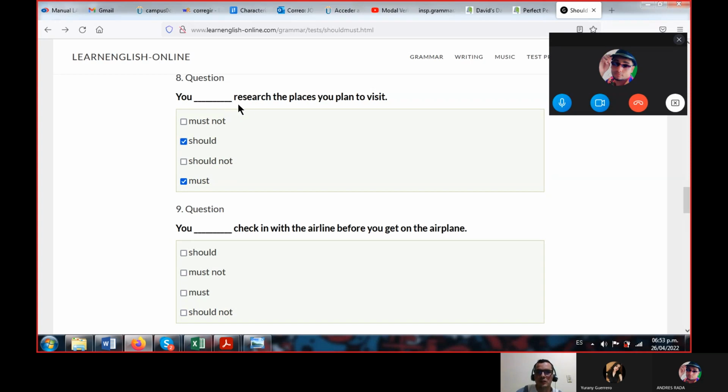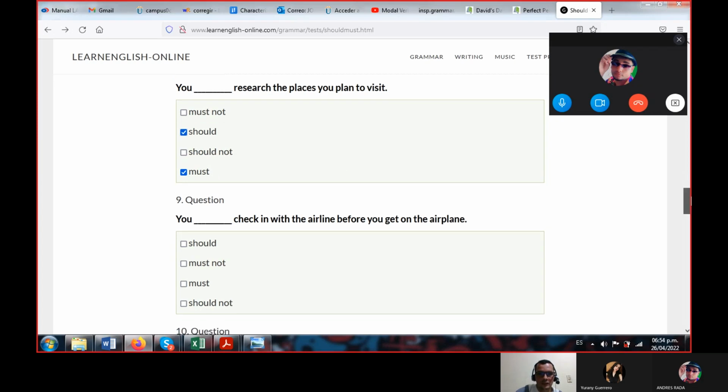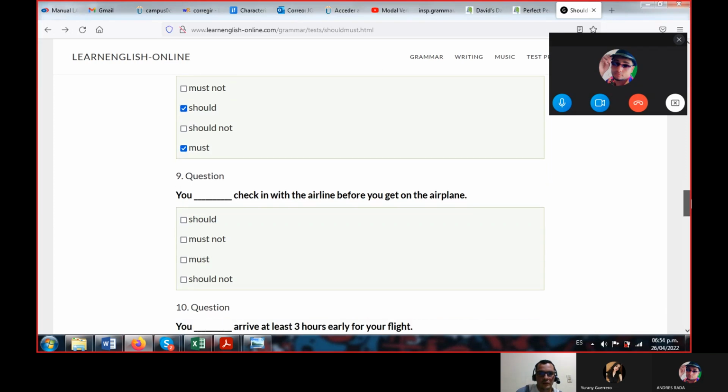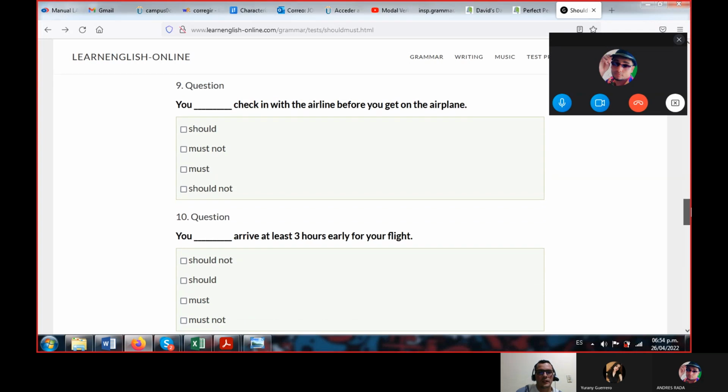Tú deberías investigar los lugares que planeas visitar. O también you must research the places, como un consejo más fuerte. ¿Se acuerdan que en el video también el must lo utilizamos para un consejo, pero de una forma más fuerte, más enfática? They both are possible.